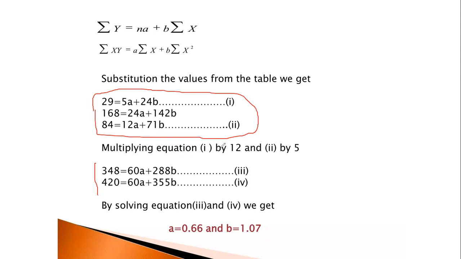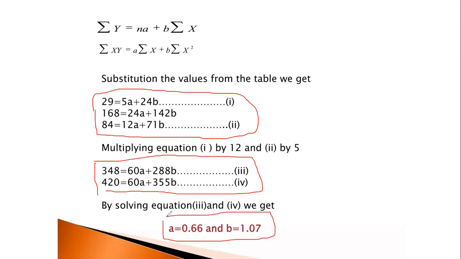So you can multiply equation 1 by 12 and the second equation by 5. This is what the values you will be getting here. By solving equations 3 and 4, we'll be getting the a value and b value. So a value is equal to 0.66, b is equal to 1.07. This is how we estimate the a value as well as the b value.